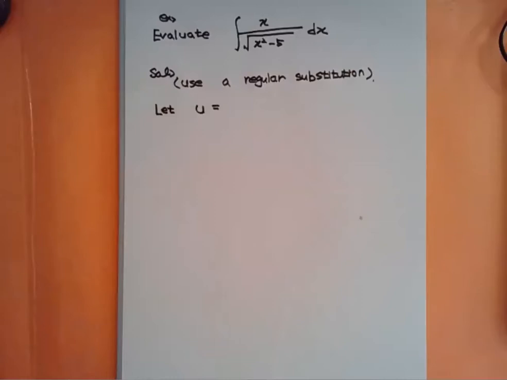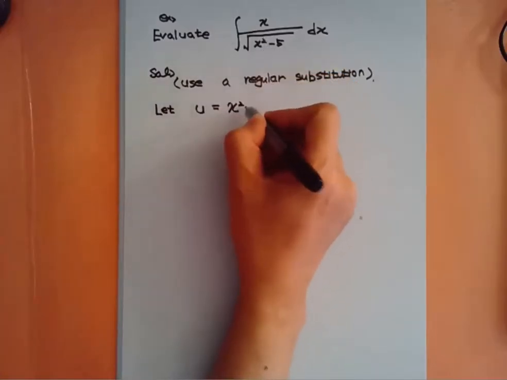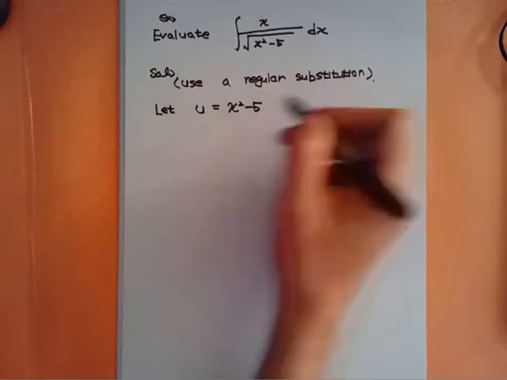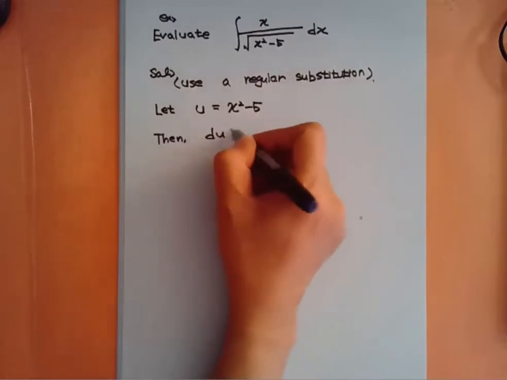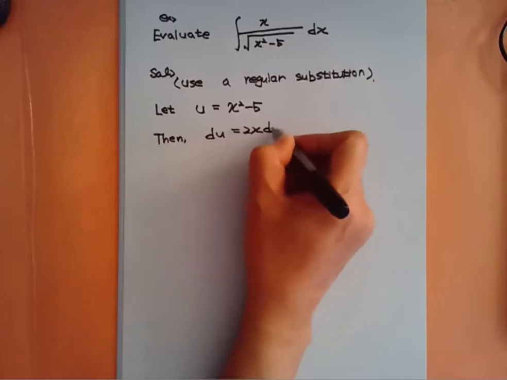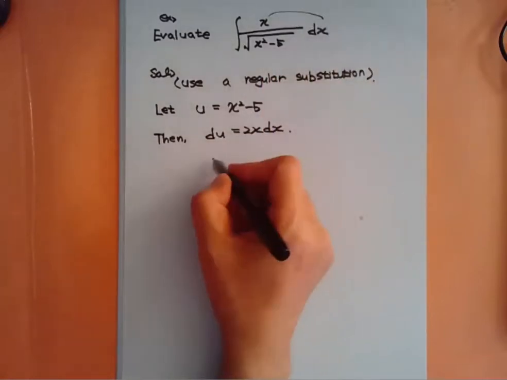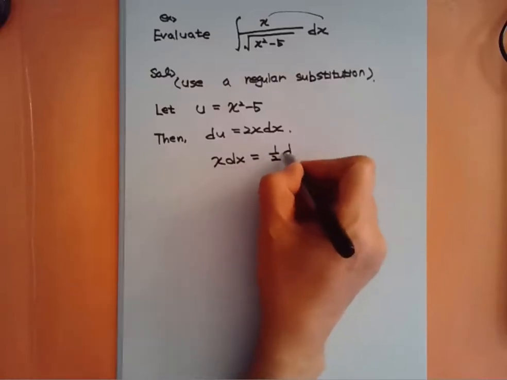What we will do will be, we will put u as what's under the radical, x squared minus 5. Then du equals 2x dx. And then we look at x dx, then that is 1/2 du.